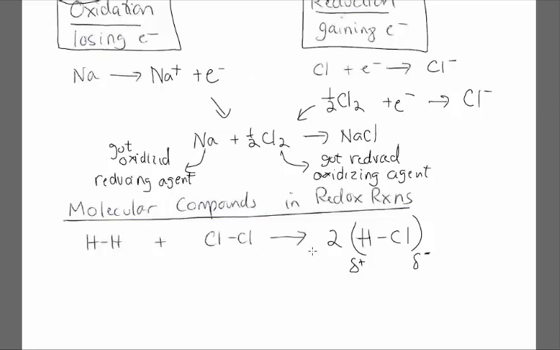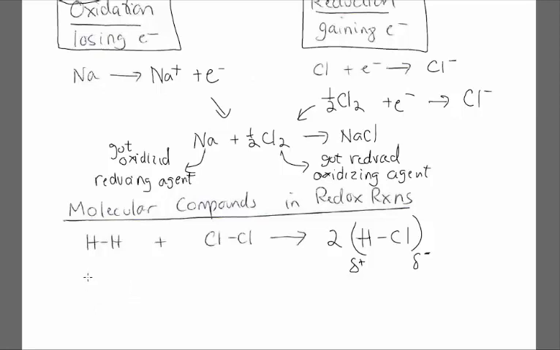So the hydrogen became partially positive from neutral, which is oxidation. Okay, it lost some electrons, it became more positive. Even if it didn't fully lose an electron, it lost some electron density. The chlorine, which started neutral, became slightly negative, which means it gained some electron density. So we also say that oxidation reduction occurs in covalent compounds.